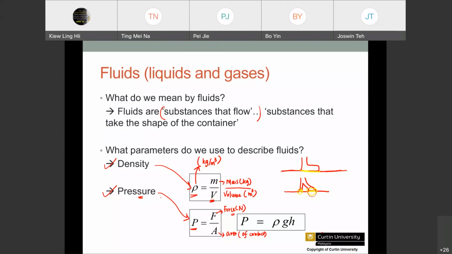Okay, so from our calculation, we predict the SI unit for pressure is Newton per meter square, which also equals Pascal. Okay, so this is the SI unit for pressure. Remember Pascal, because in your questions, usually they will give in atmospheric.